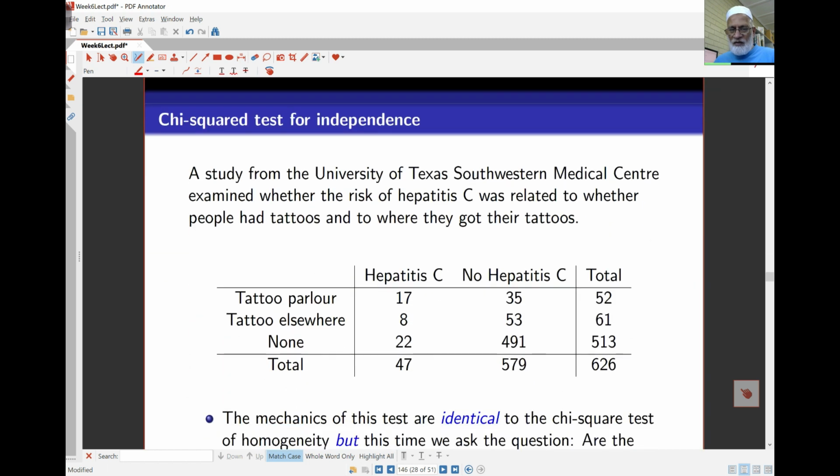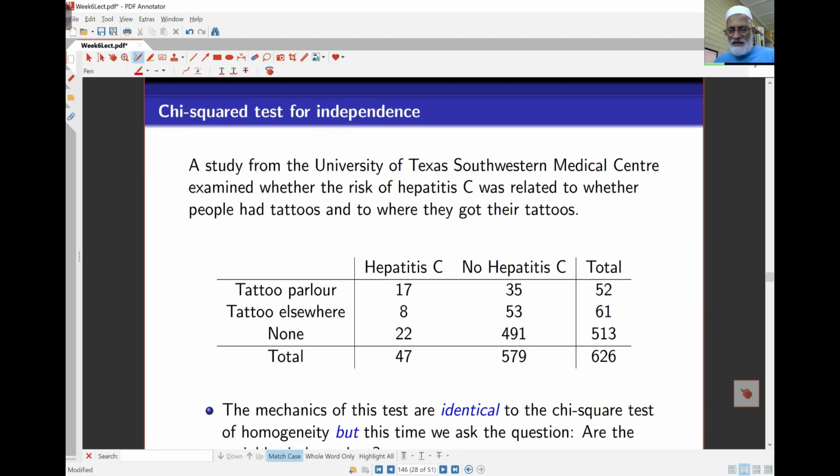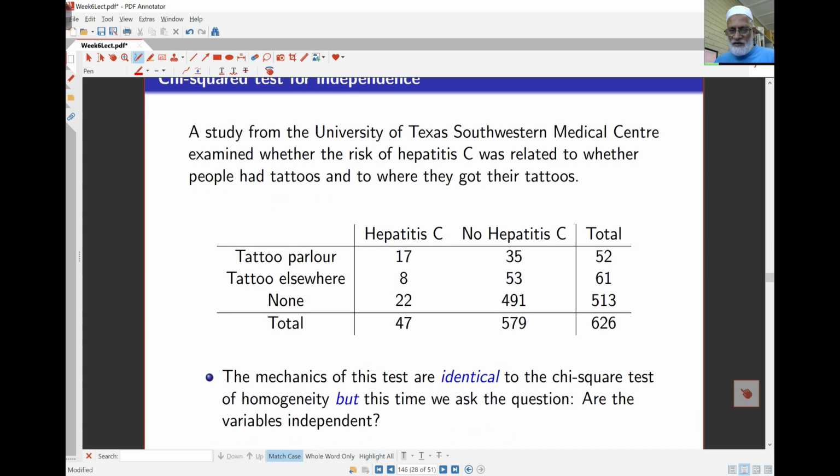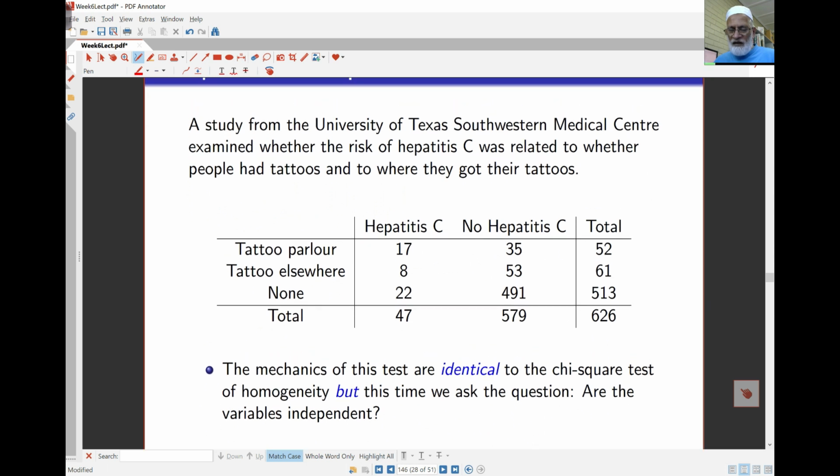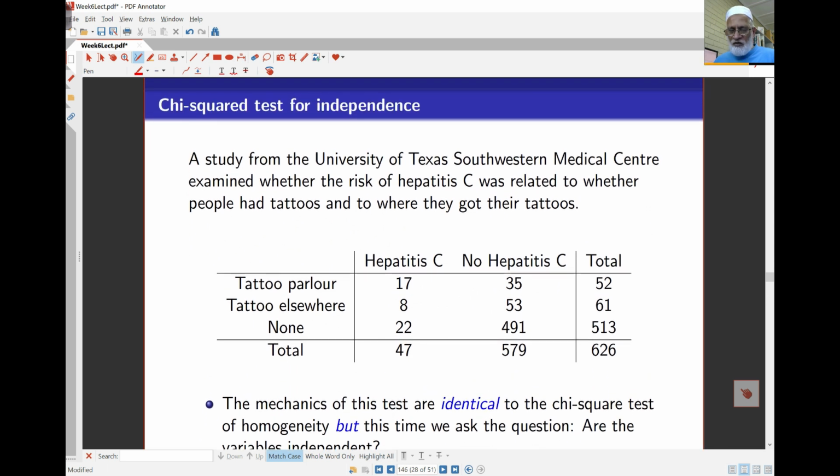So here's an example. I've got hepatitis C or no hepatitis C, and we've got the tattoo site here, where it was a parlor or elsewhere or none, and we've got the question of whether the incidence of hepatitis C and where the tattoo was actually done are independent, either related or not.